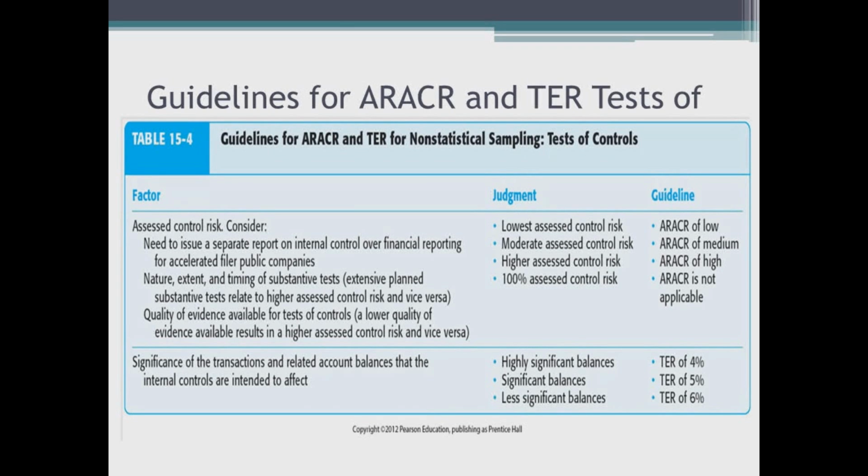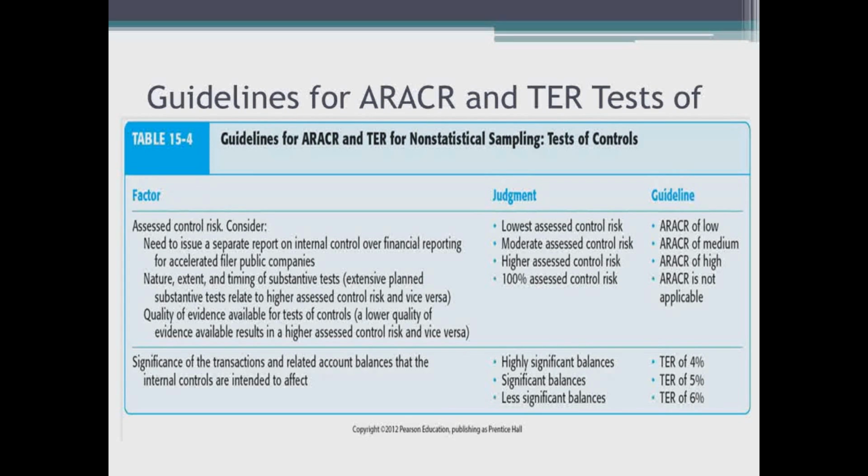The nature, extent and timing of substantive tests, and also the quality of the evidence that's available. Those are some examples. And then the significance of the transactions and the related account balances. So if the auditor's judgment is lowest assessed control risk, so basically they have assessed control risk as very low, then the auditor's acceptable risk of assessing control risk too low is going to be low, right?